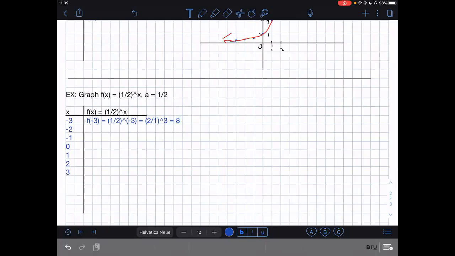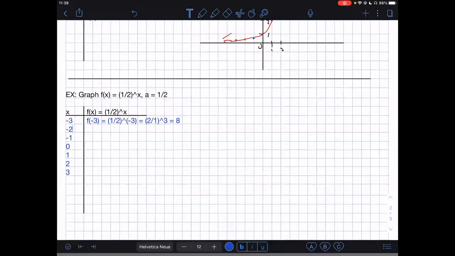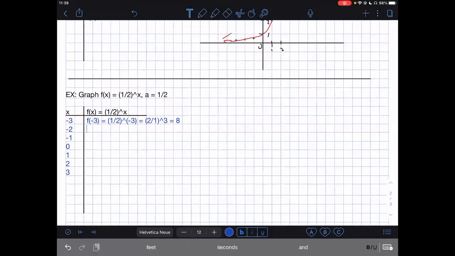Okay. And then we have f at -2. All right, so 1/2 raised to the -2 power is equivalent to 2 squared, which gives us 4.